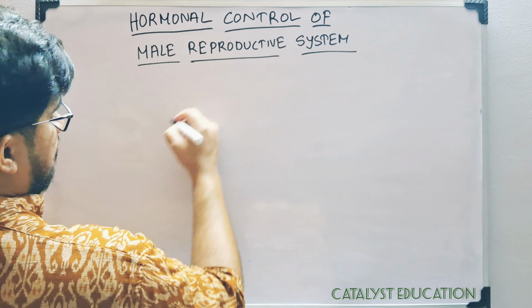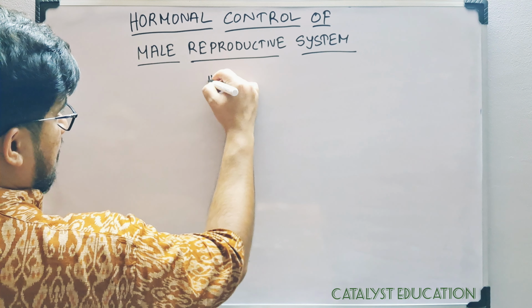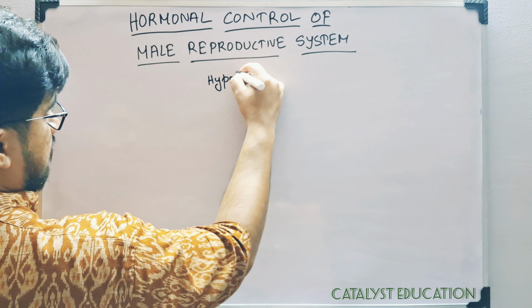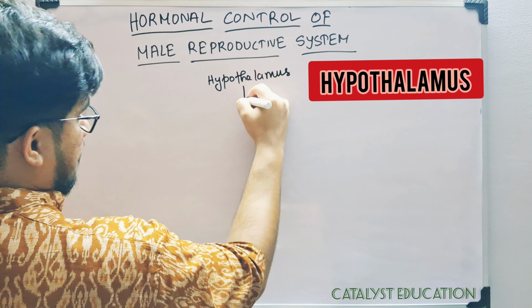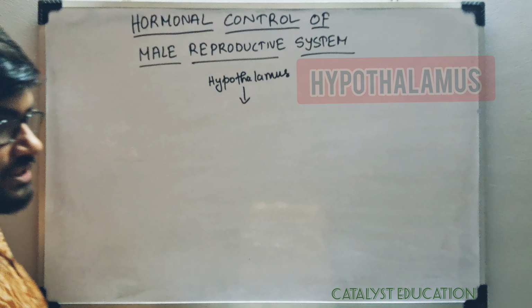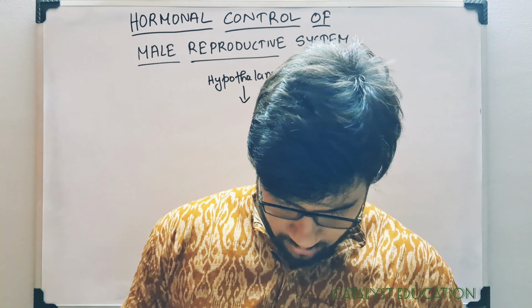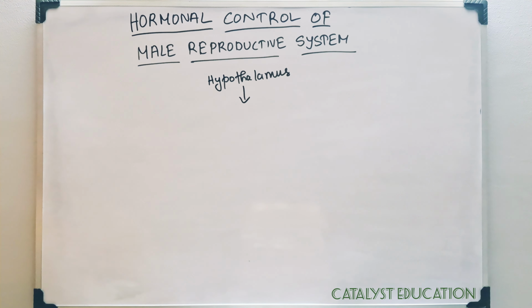At first, the hypothalamus releases the GnRH, or gonadotropin releasing hormone.